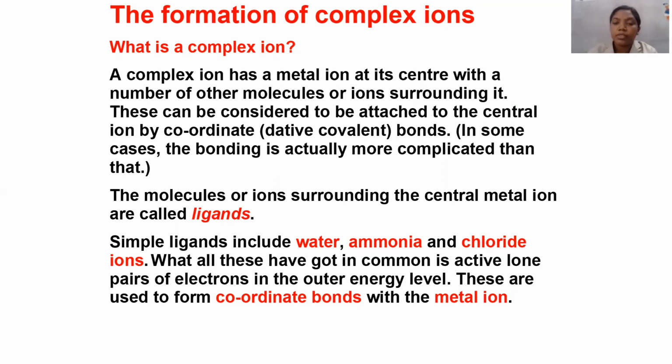The molecules or ions surrounding the central metal ion are called ligands. Simple ligands include water, ammonia, and chloride ions. What all these have in common is active lone pairs of electrons in the outer energy level. These are used to form coordinate bonds with the metal ion.